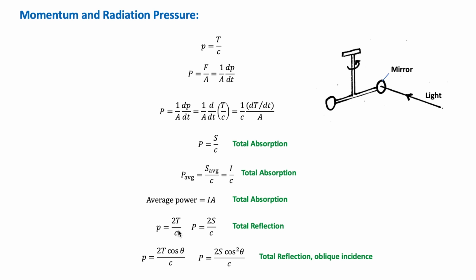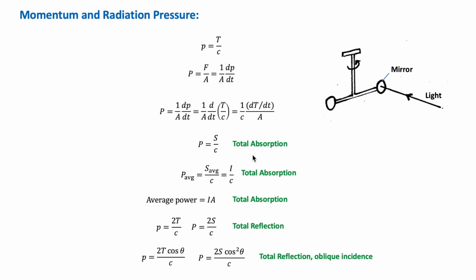This is because a momentum T over c is first delivered by the incident wave, and then the same momentum is delivered again by the reflected wave, the same way as for a ball colliding elastically with a wall. So the radiation pressure exerted on a perfectly reflecting surface for normal incidence is 2S over c, which is twice that for a perfect absorber.